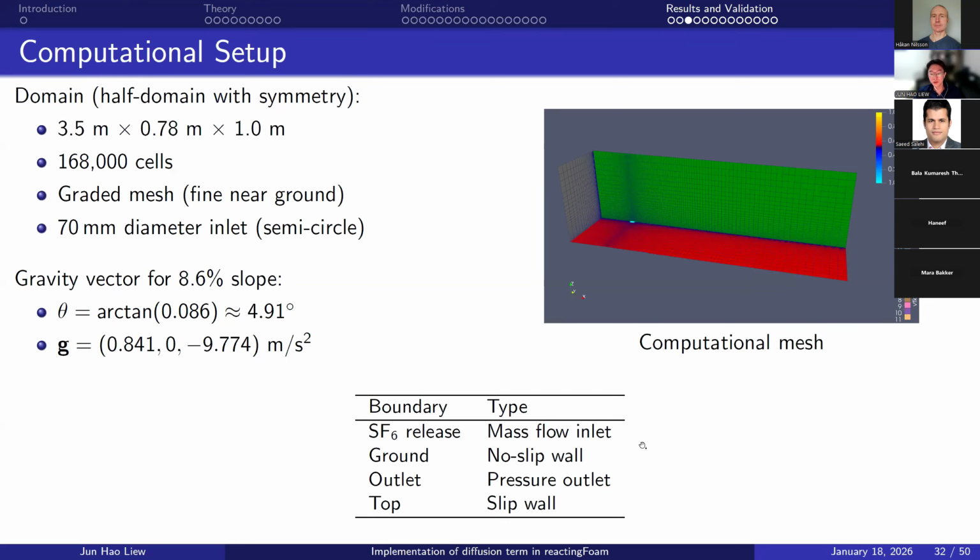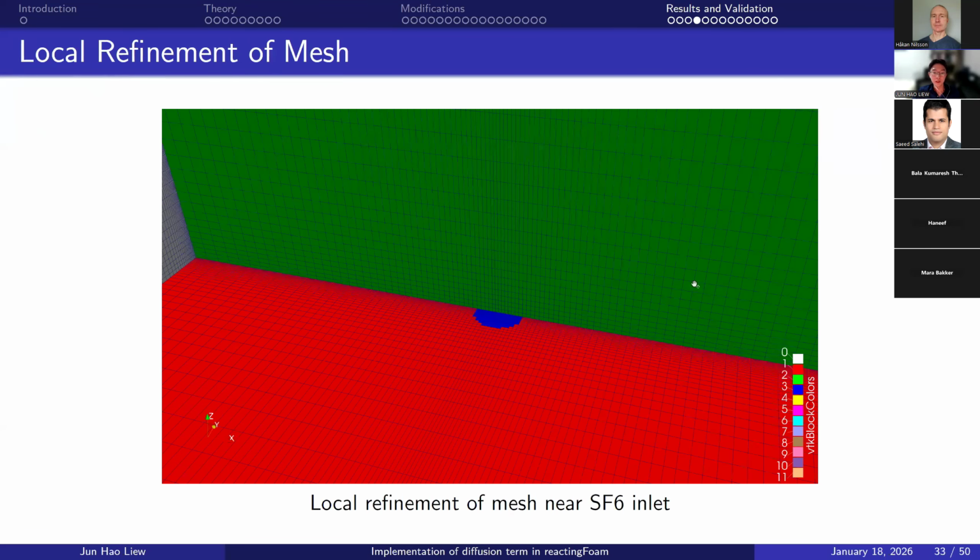On the ground we have a no-slip wall, and at the top we have a slip wall. At the outlet we have a pressure inlet-outlet, and no wind. So the symmetry plane is on the green block there, and also the sides. Yeah, this is the local refinement of the mesh. Here we have a single release source, and then symmetry on the green plane.